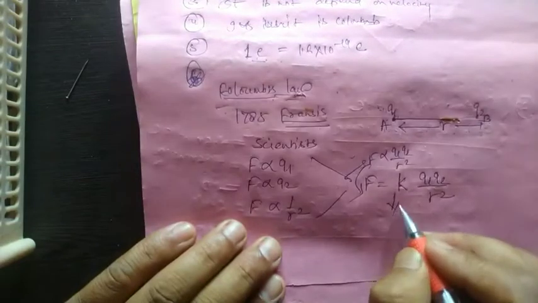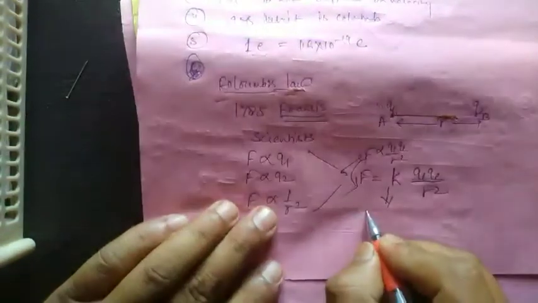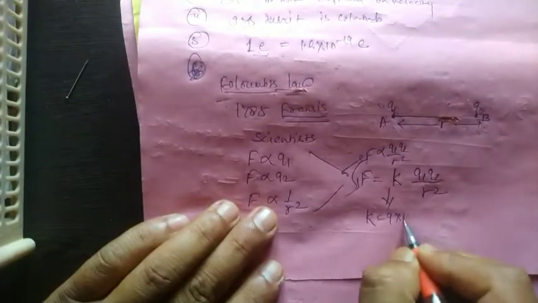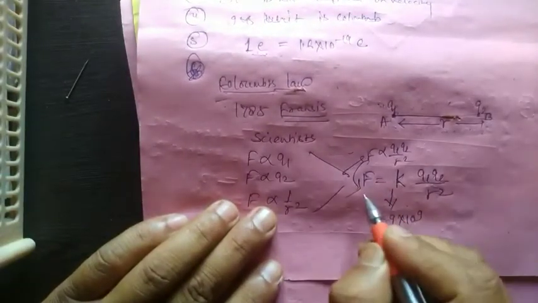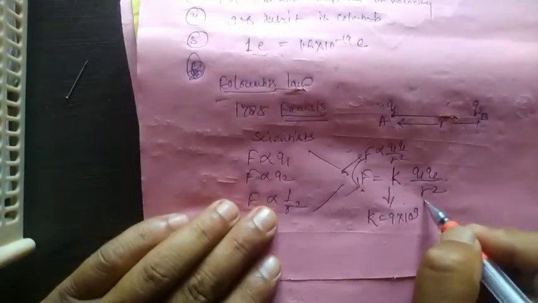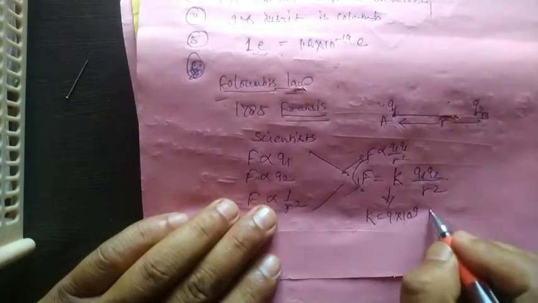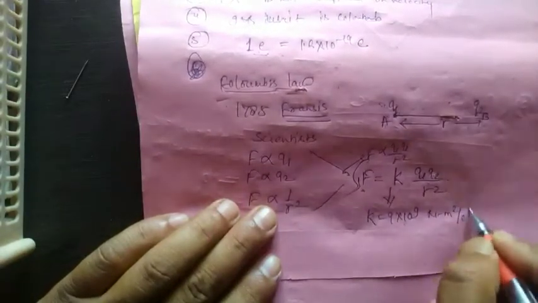K is known as the proportionality constant, which has the value 9 into 10 to the power 9. If we measure F in Newton, Q1 and Q2 in Coulomb and r in meter, then the K value is 9 into 10 to the power 9 Newton meter square per Coulomb square.